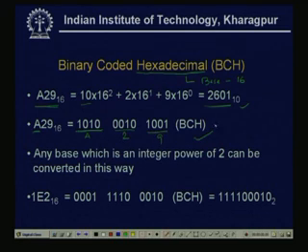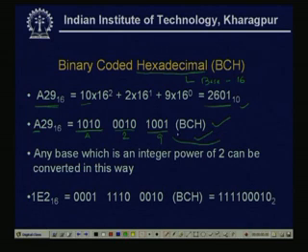So, this is the BCH code, or binary coded hexadecimal code. And similarly, if I want to convert this to binary, I will just drop the leading zeros and merge all the values. Here there is no leading 0, so it will be 1 0 1 0 0 0 1 0 1 0 0 1. This will be the value.